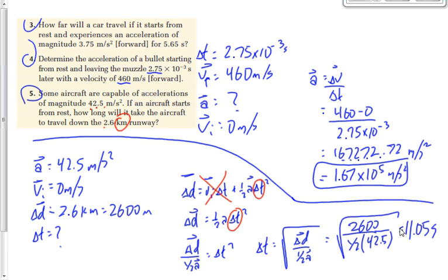Final answer should be good, 2 digits. So we could say that's technically just 11 seconds. Sorry? We square rooted that already. Yeah, that's including the square root. So 2,600 divided by this is something like 121, and then you're going to square root that.